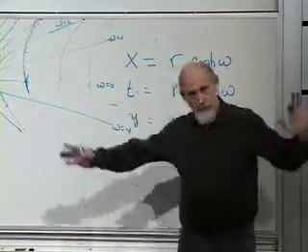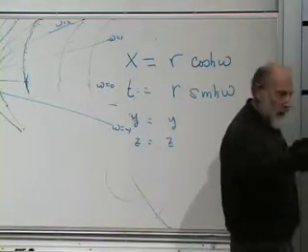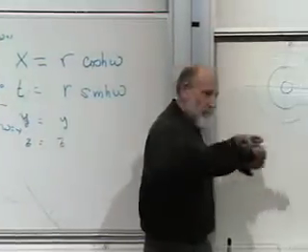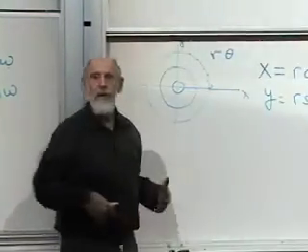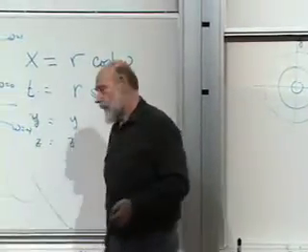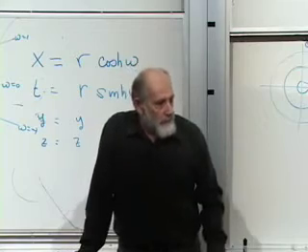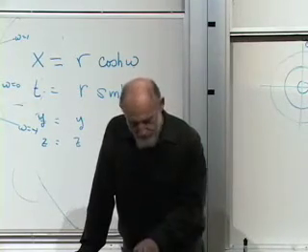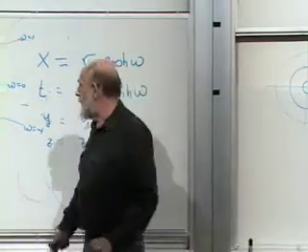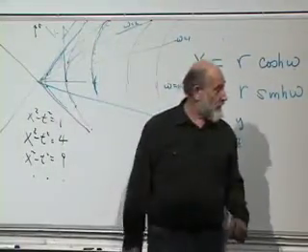All right, so as this fellow is being accelerated, and he has meter sticks oriented in the direction perpendicular to the acceleration, nothing happens to them. Okay, so y and z, nothing happens to. That's the uniformly accelerated reference frame. And this is the event horizon for the uniformly accelerated reference frame.